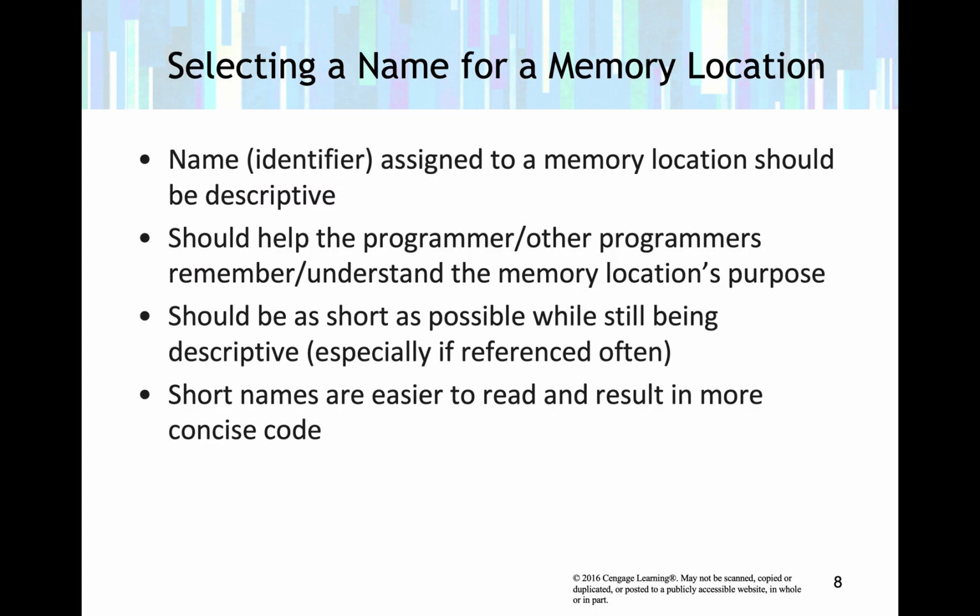If you're calculating the area of a square, then call your variable area of a square. Don't just call it A, B, C. Or just call it area, but say area of a square.